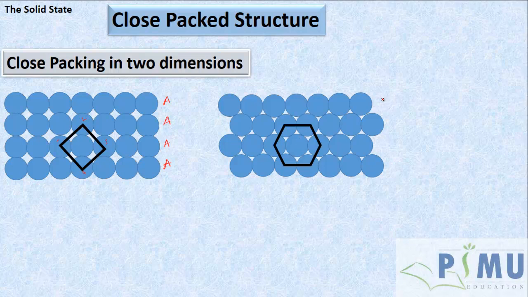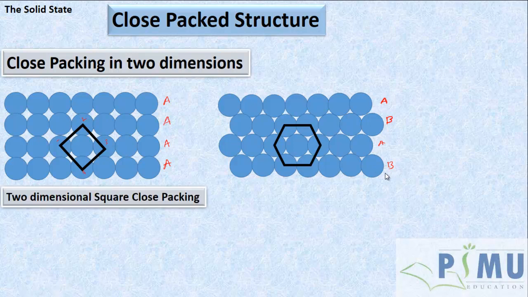Here, if the first layer is denoted as A, then the second layer will be B. If the first line is denoted as A, then the second line will be B, the third line again A, and the fourth line again B, isn't it? Then we can call it AB, AB, AB type arrangement.